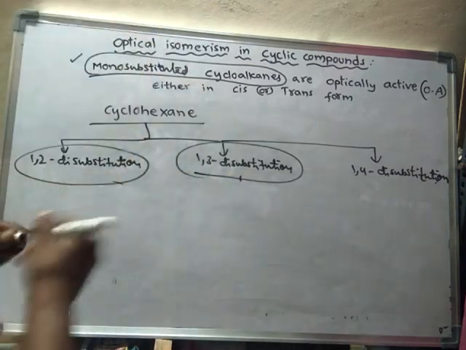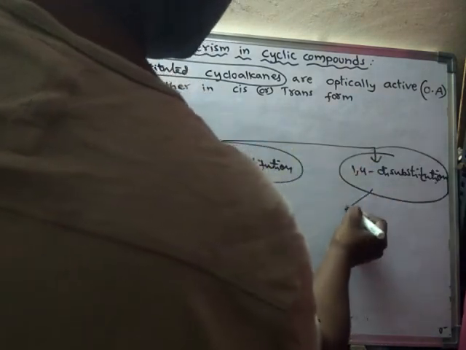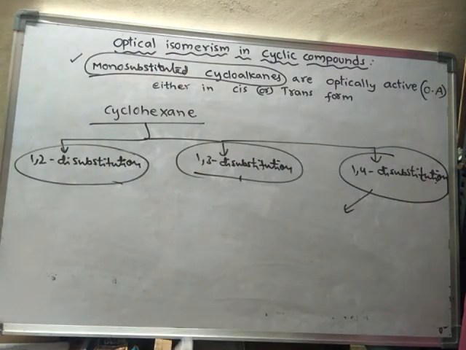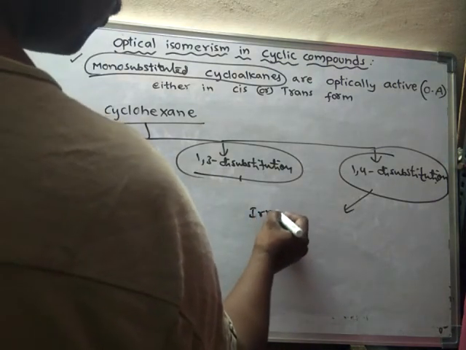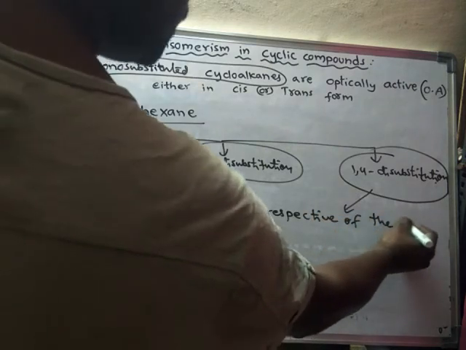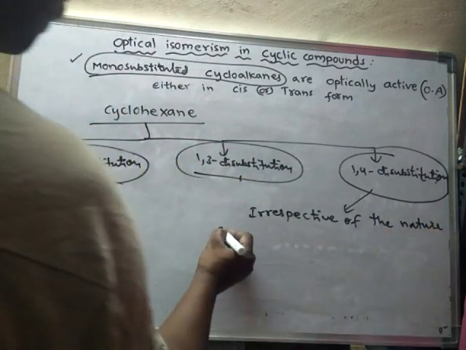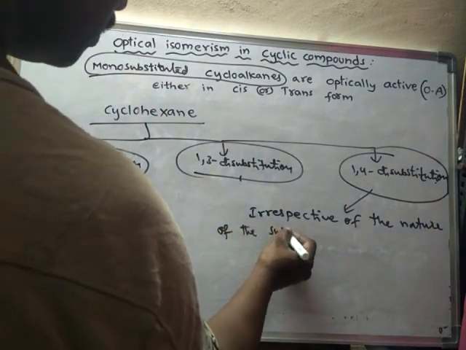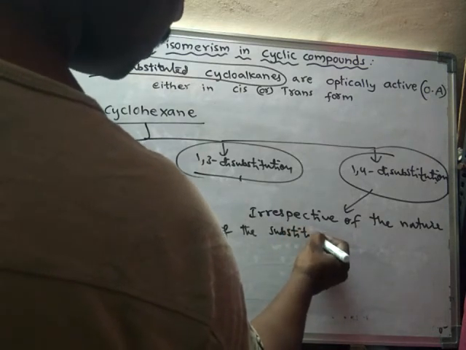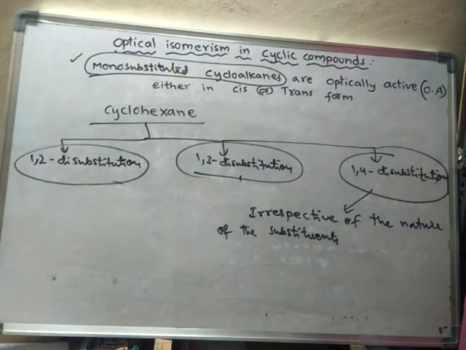1,4 disubstitution. Remember that in 1,4 disubstituted cyclohexane particularly, irrespective of the nature of substituents, that means whether the substituents are identical or different, what happens?